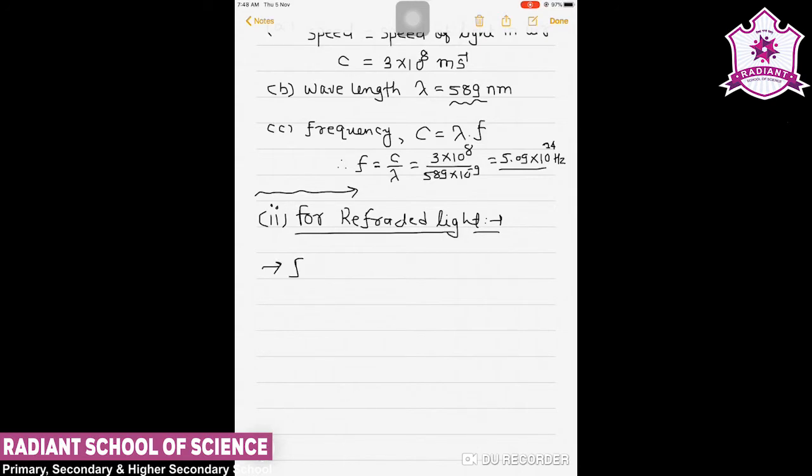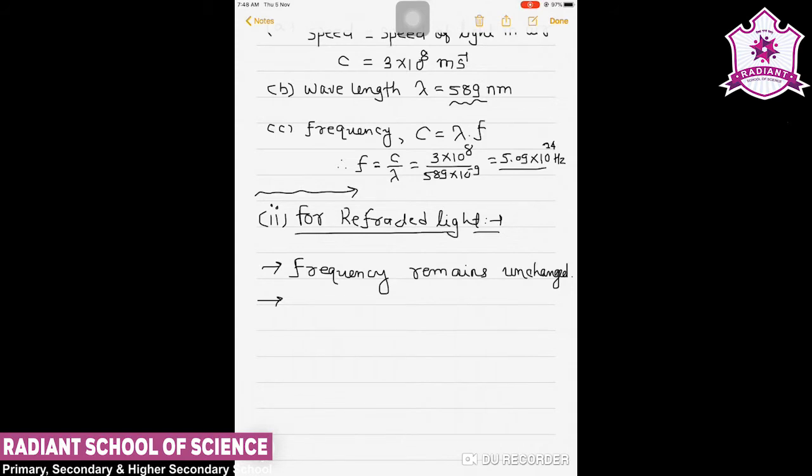The frequency remains unchanged, and then wavelength and speed may get affected.